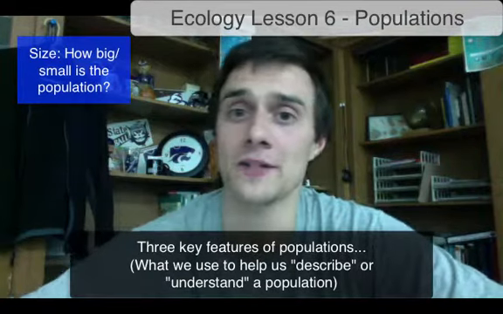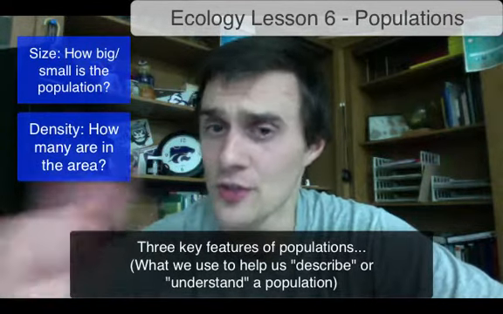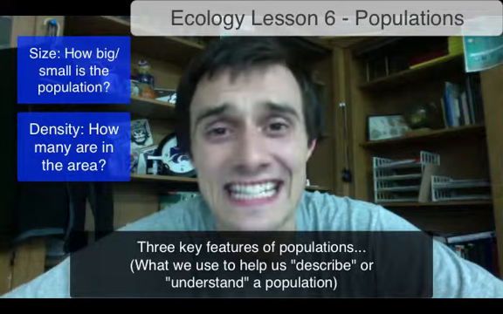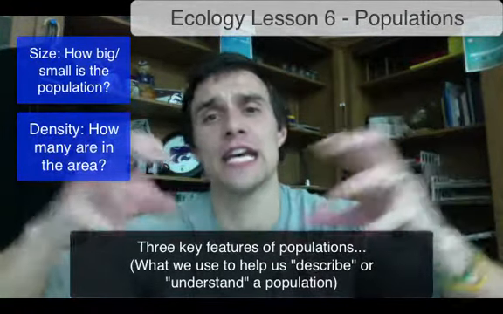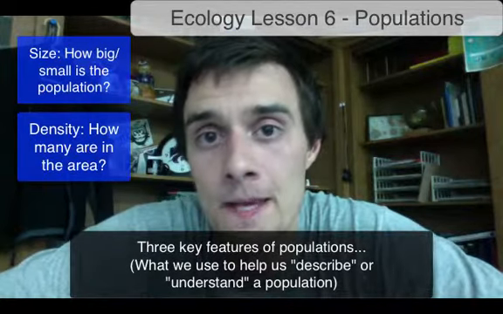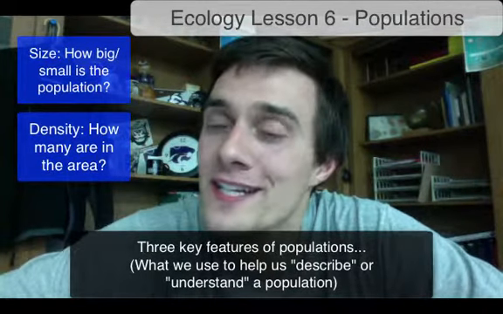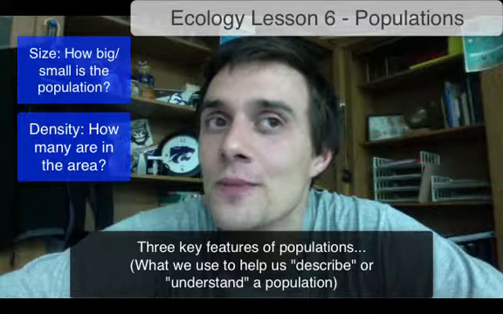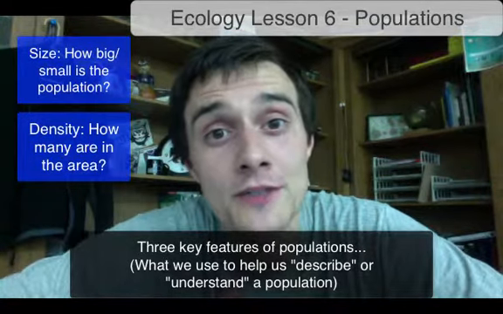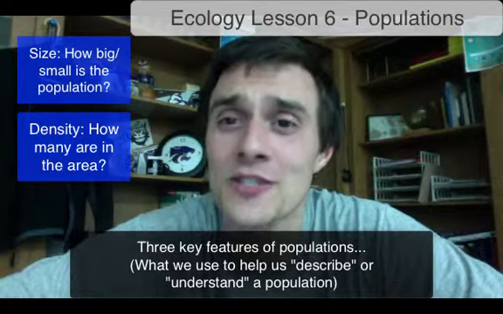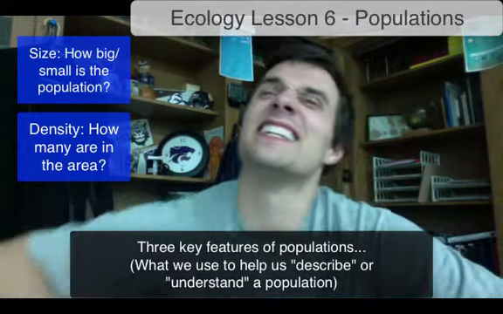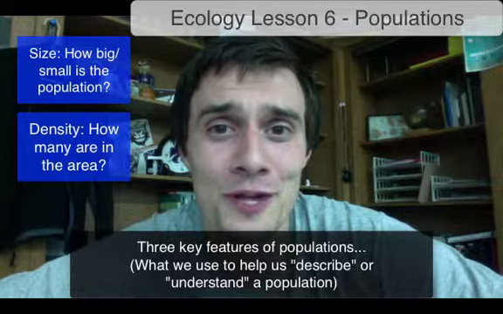The next key factor is population density. Key factor 2 when describing a population: density. How many of those individuals of that population are actually in that area? Lower population density occasionally leads to a healthier population, whereas larger population density can lead to a less healthy population.